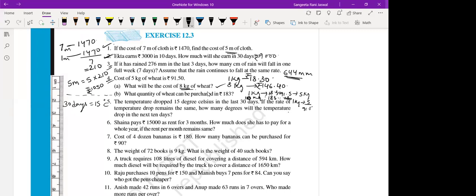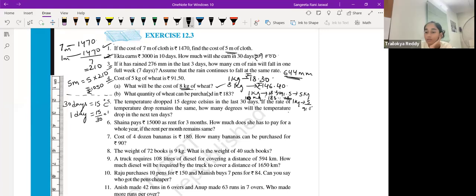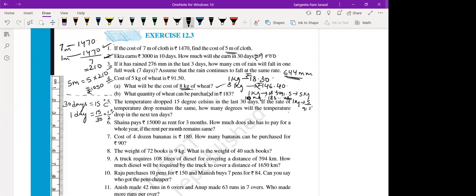So what we were doing for the unitary method, we were finding for 1 day. We were finding for 1 unit, no? So for 30 days, it's already given. So we will find the temperature drop in 1 day. How much does the temperature drop in 1 day? That will be 15 by 30. So it becomes 1 by 2 degrees.